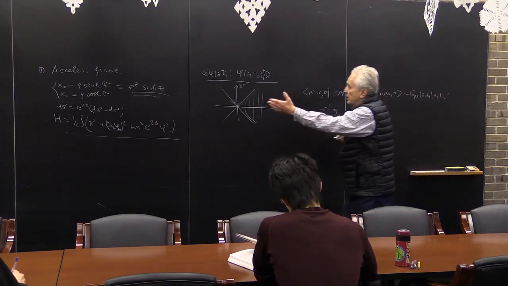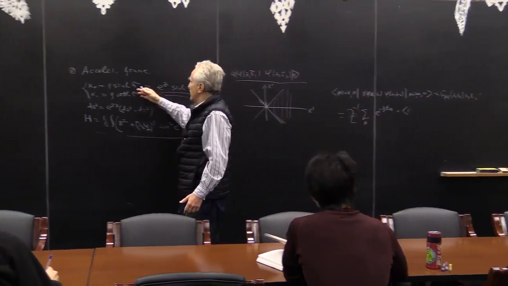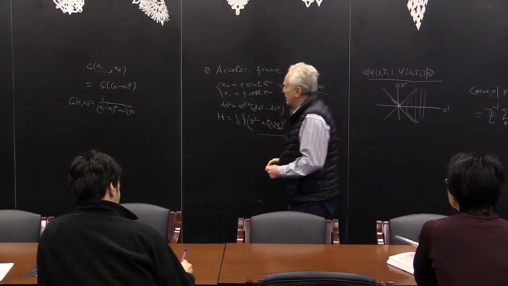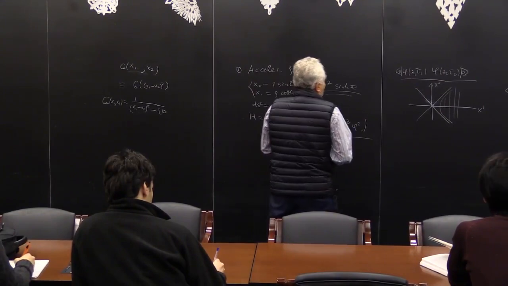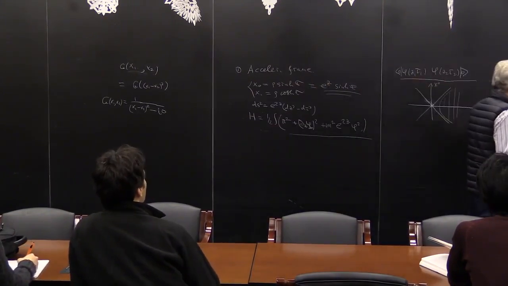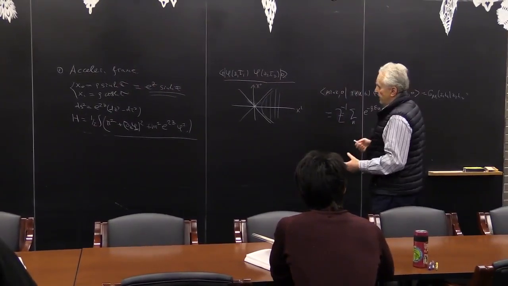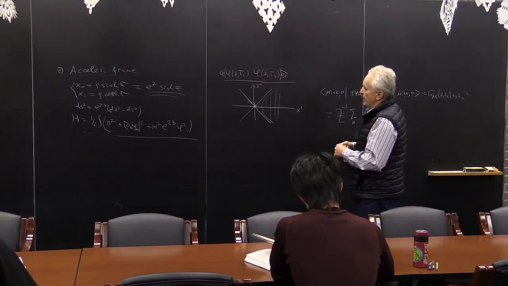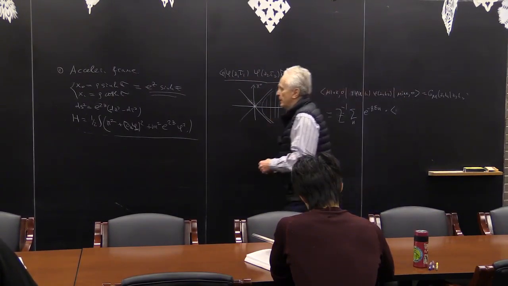I just substitute this thing into it, and then I will certainly obtain a green function of the Klein-Gordon equation in this metric.